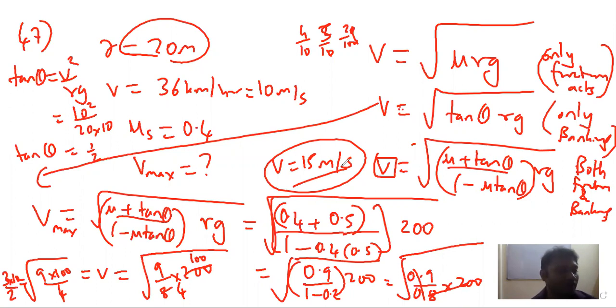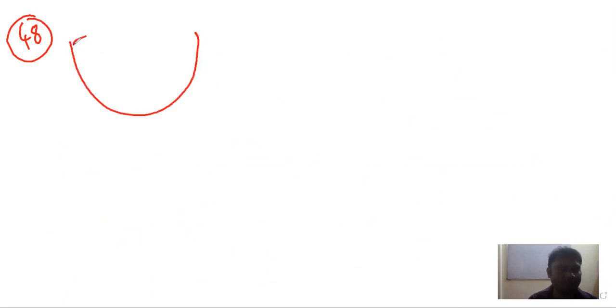Then if we want to have speed greater than the design speed, we will have to consider again the derivation and solve for velocity. Now, after this, let us move on to the next question, question 48 on page number 48. So we have a concave bowl. This is a hemispherical bowl.